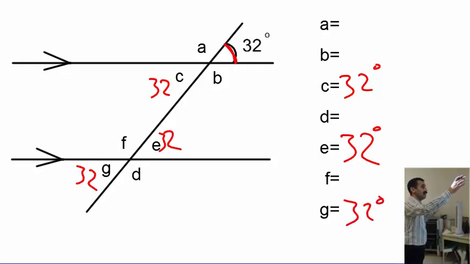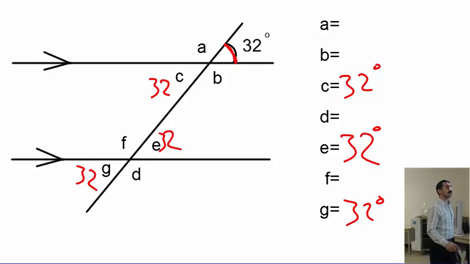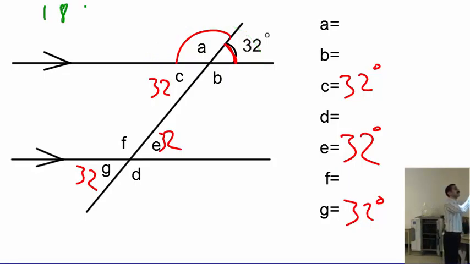Now, let's go back to 32 here. I need to figure out what that is. And I'm going to use the other rule that tells me everything's supposed to be 180 degrees. So from 180, I'm going to subtract 32. I will be getting 148.